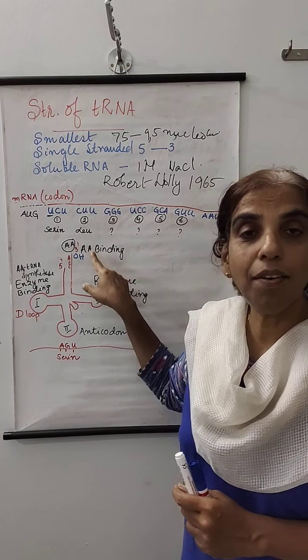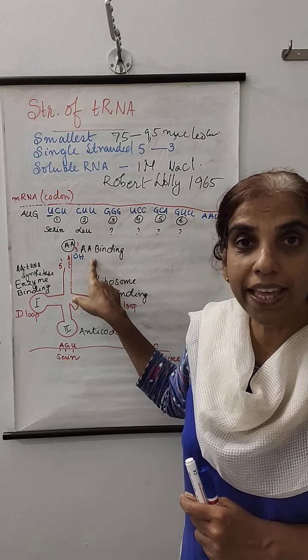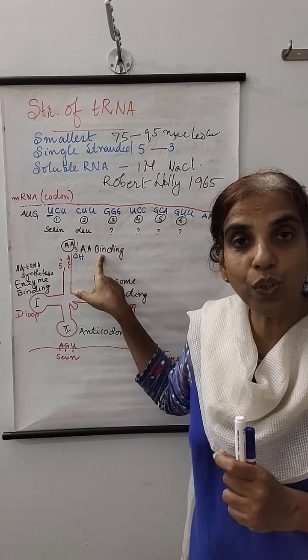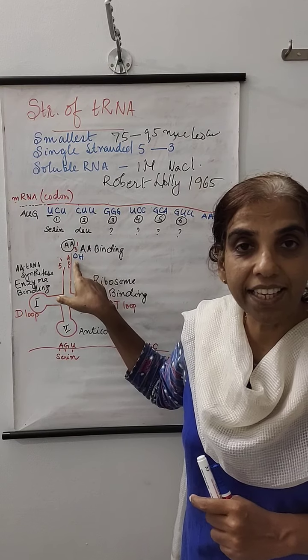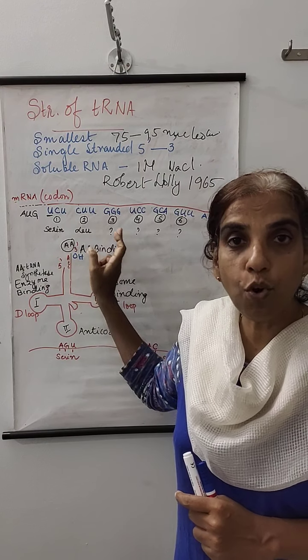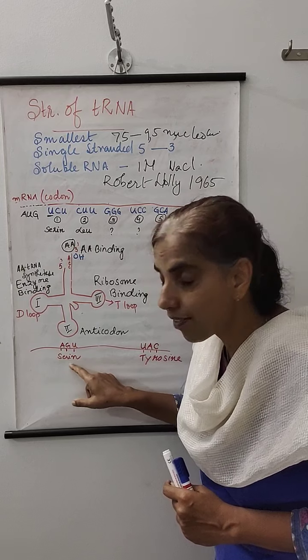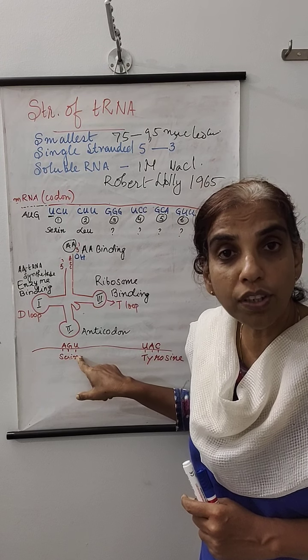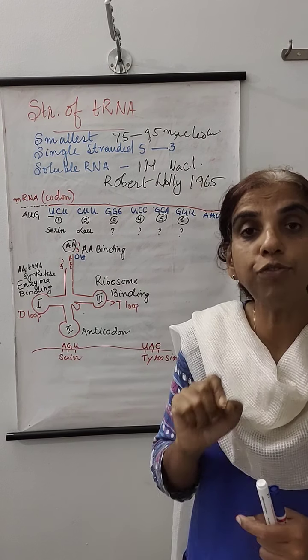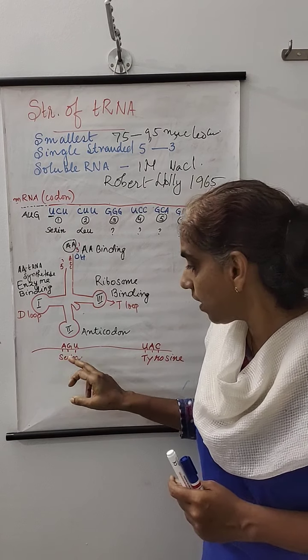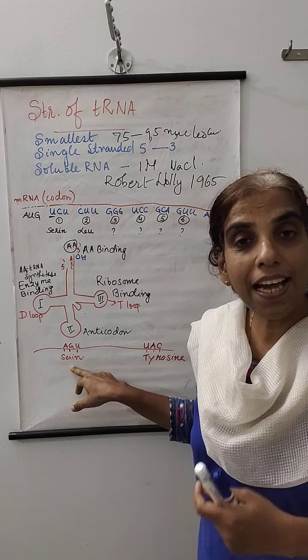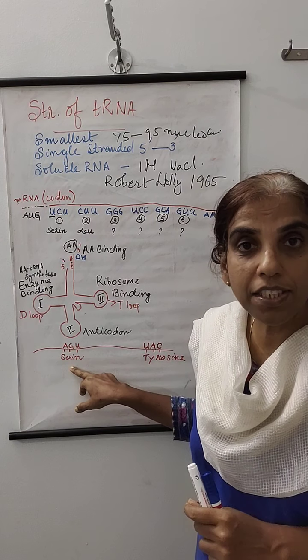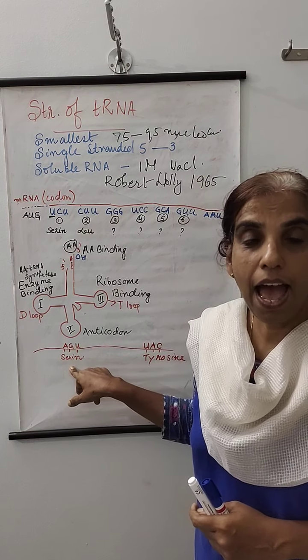The amino acids which are activated with ATP come and attach at the 3' end. With this amino acid, we have to specify that the codon is giving the information for bringing the amino acid.